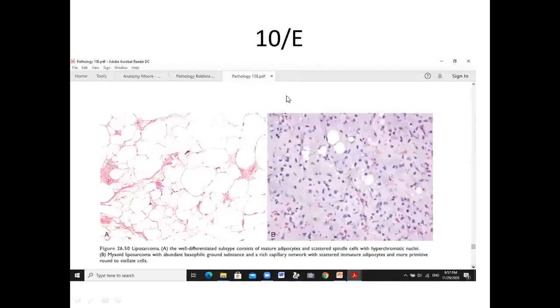Here is the figure from the 10th edition. You can see well-differentiated liposarcoma, which consists of mature adipocytes and scattered spindle cells with hyperchromatic nuclei. This blue color is nuclei.